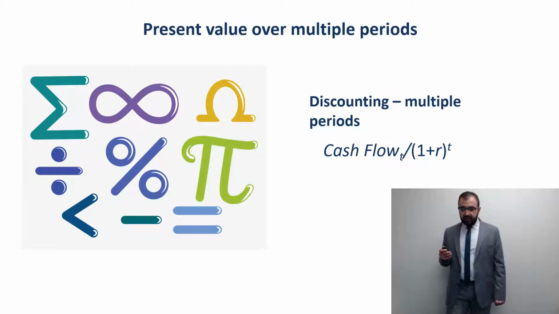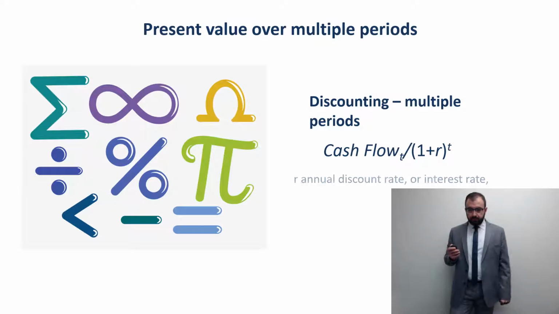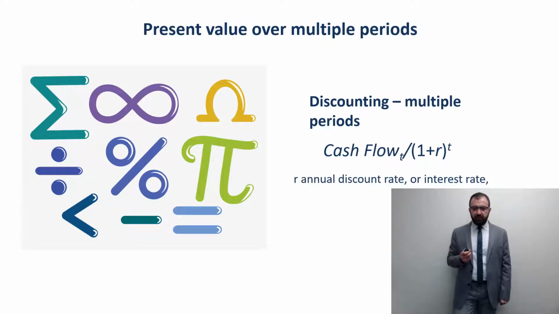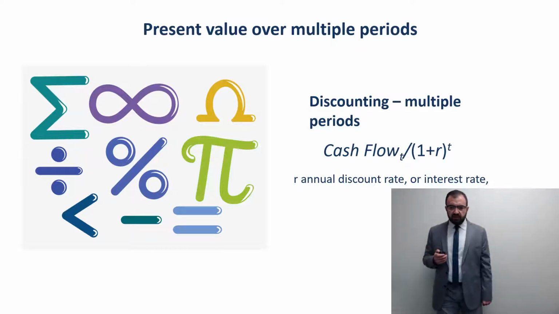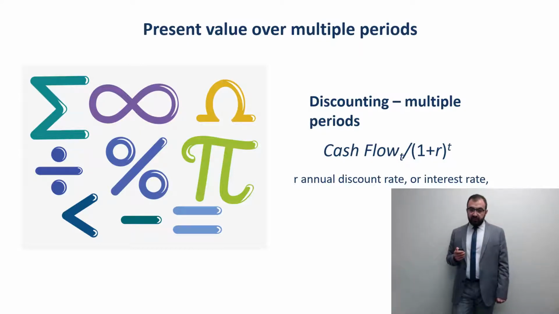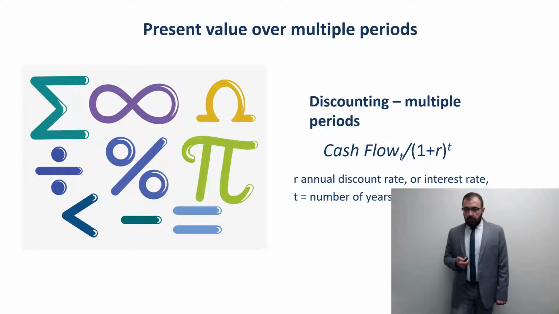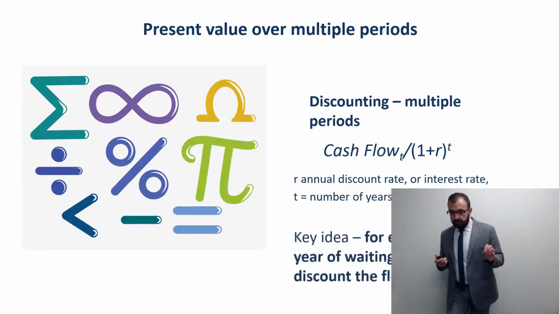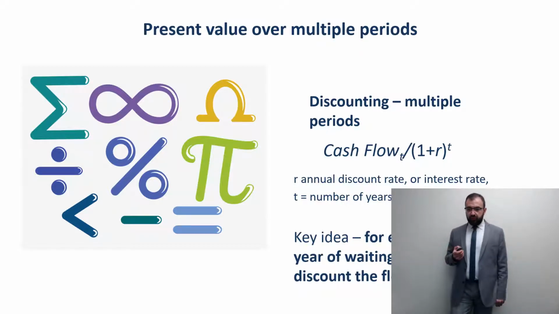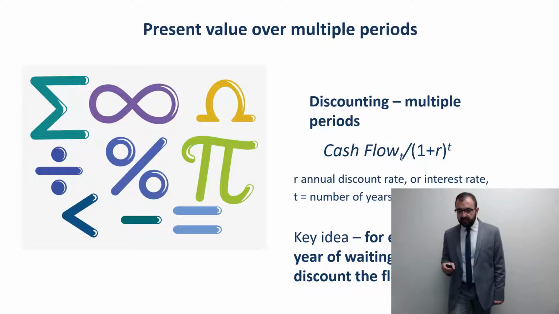As you can see, the formula is displayed and you can find it in your handouts. R is the annual discount rate or interest rate. T is the number of years in the future. The subscript next to the cash flow indicates the year that the cash flow will be received.